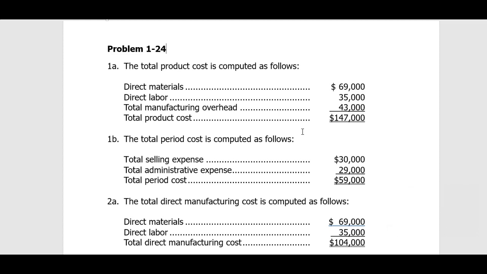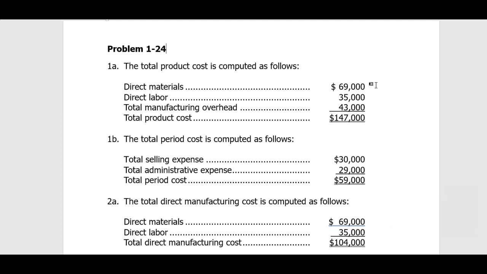Alright, first of all, in problem 1-24, requirement number 1, part A, it says what is the total product cost? So we know that product cost will be the materials, labor, and overhead. And they give us that in the problem on page 55.